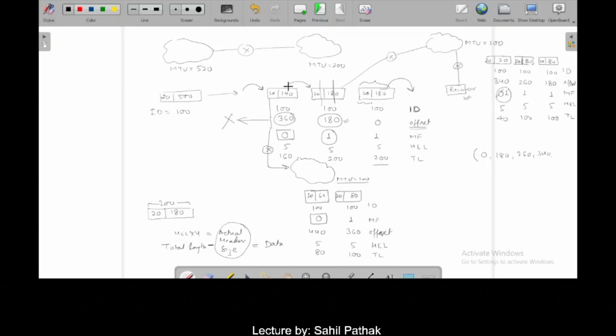Then this last fragment is also further divided into 2 parts, which have the offset values 360 and 440. So how many fragments have we received? 1, 2, 3, 4, 5, 6. So in total we have received 6 fragments.